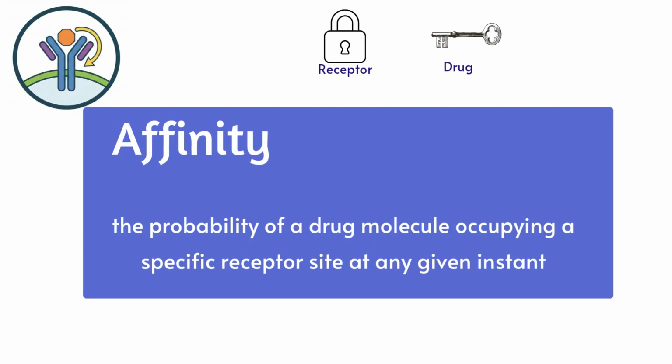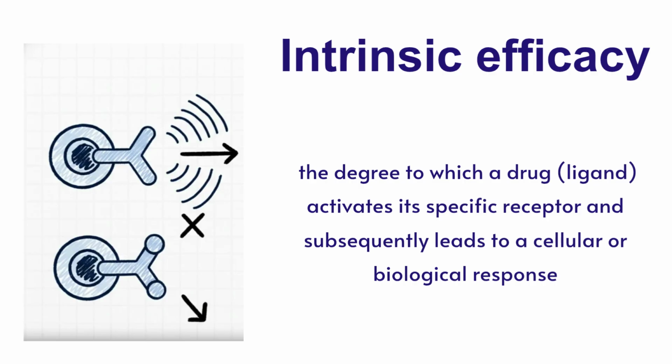So the first thing a drug has to do is bind to its receptor. We measure how well it does that with a term called affinity. A drug with high affinity really wants to bind to that receptor. You can think of it as how sticky the drug is for its target. But just being sticky isn't enough.